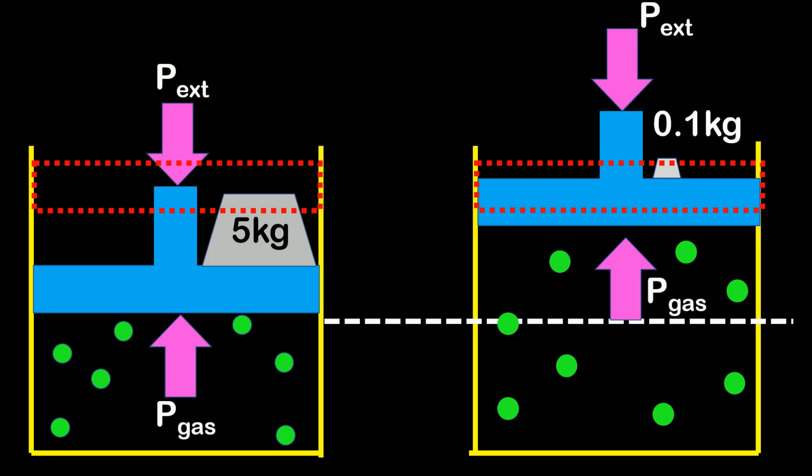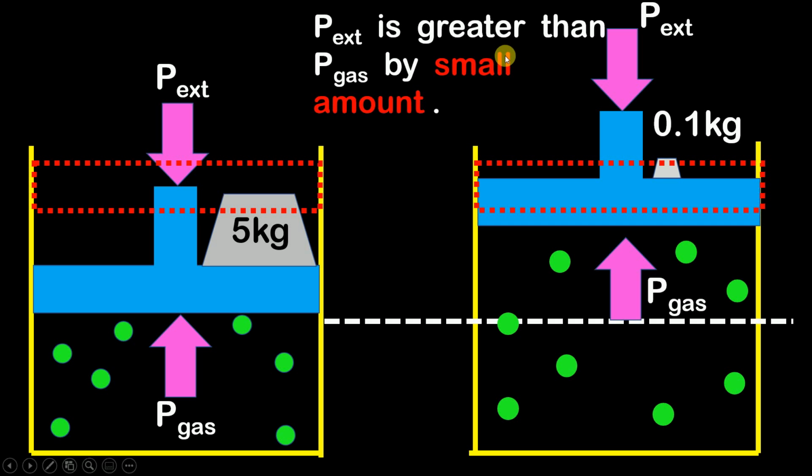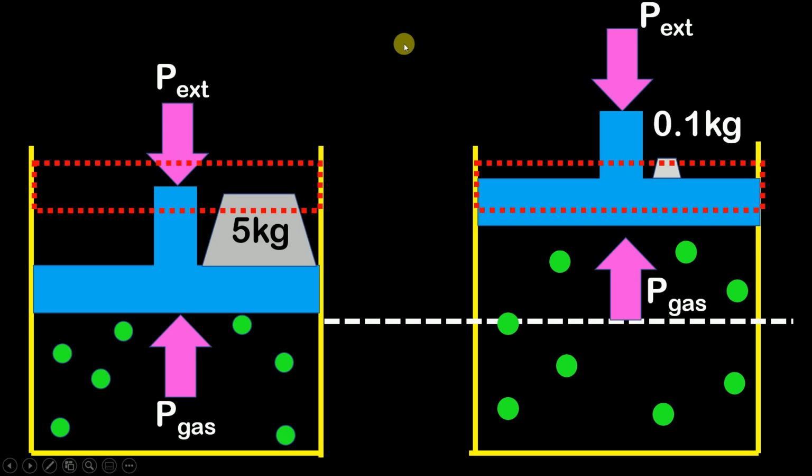And if the external pressure increases by a small amount, then obviously guys, what is going to happen? The difference between the external pressure and the pressure of the gas will also be less.